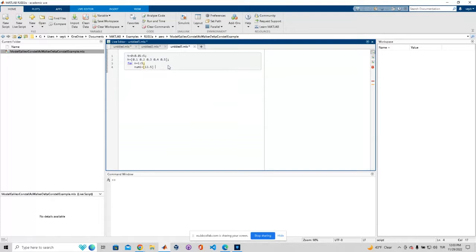We define our numerator and denominator to create a system. System one, let's say, this is our first system. Now we're gonna make a loop, a feedback loop. So first system, we define it as the transfer function of numerator 1 and denominator 1.